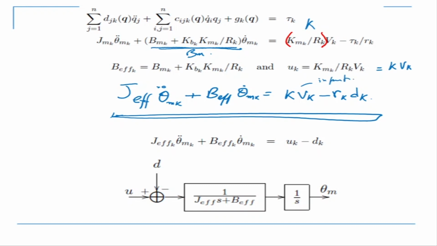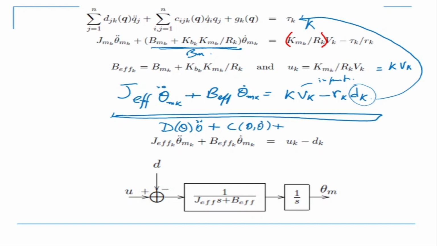dk is the dynamic torque, which is d into theta double dot plus c into theta dot plus g into theta, equal to tau.